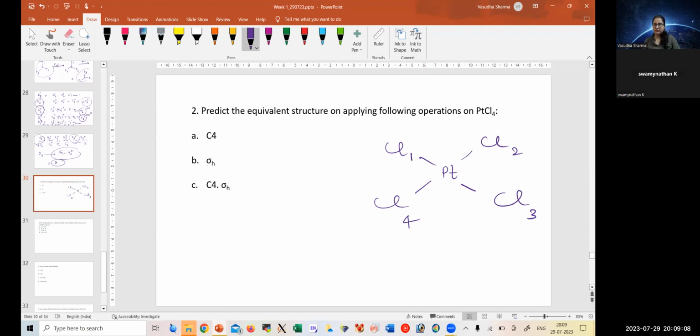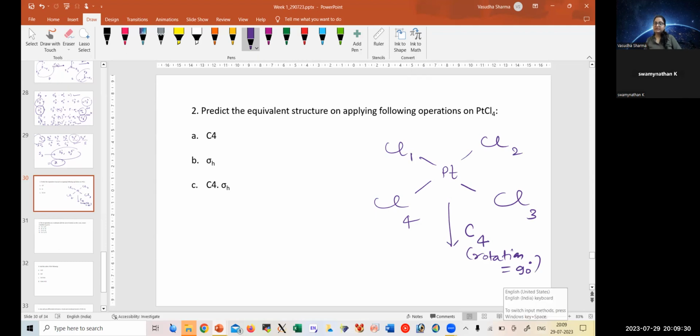So first, we apply C4. How much angle of rotation do you have to give? C4 is 360 by 4, which is 90 degrees. So the rotation we are giving is 90 degrees, right?